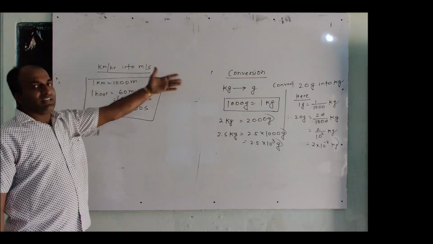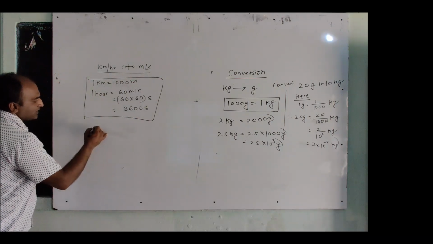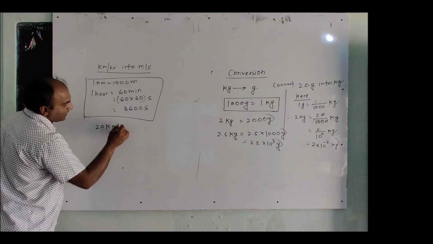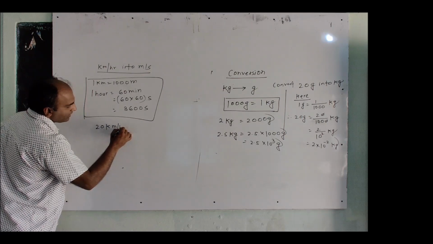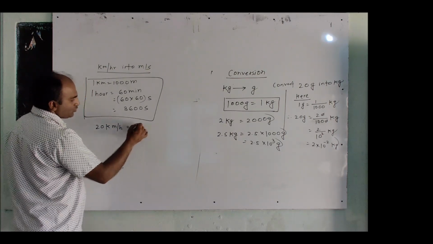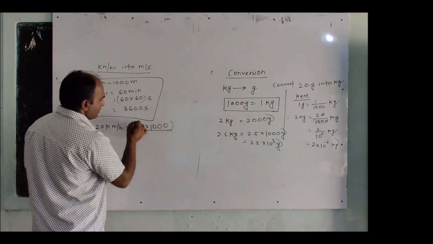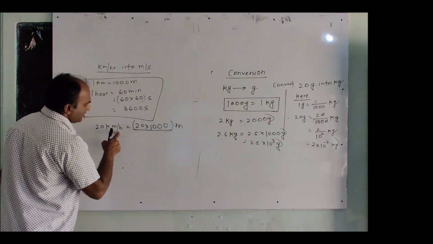This is the unit of speed or velocity, just like 20 kilometer per hour. If 20 kilometer per hour is to be converted, then 20 into 1000, this is in meter. Now here is hour.